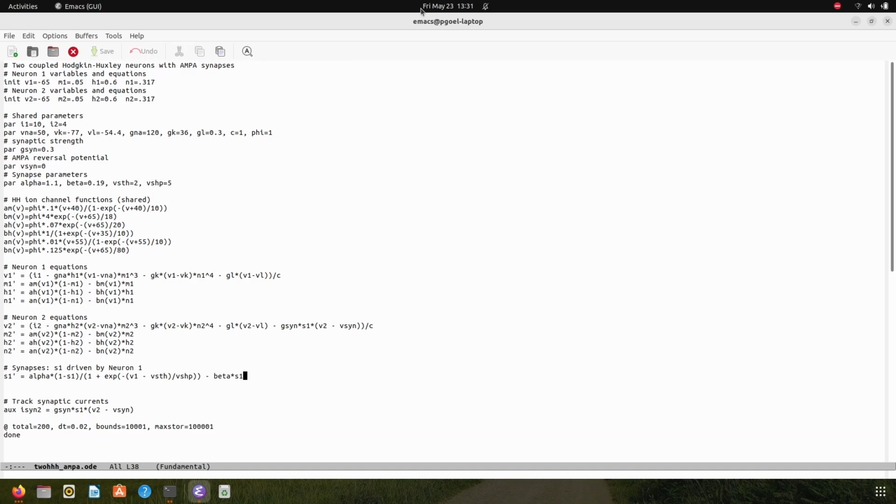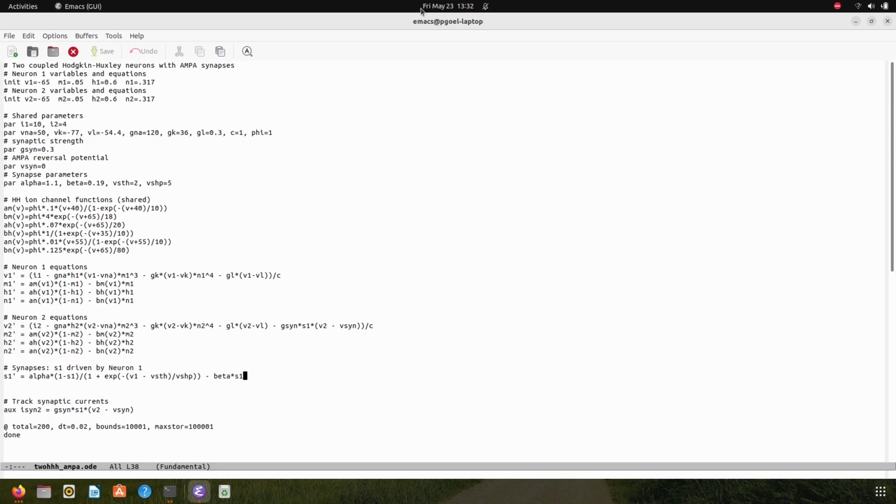In this case, the AMPA, if you have an excited neuron, is going to have a reversal potential equal to 0. I did not put in the GABA, I should change it and show you the GABA. The GABA is going to have a lower reversal potential.